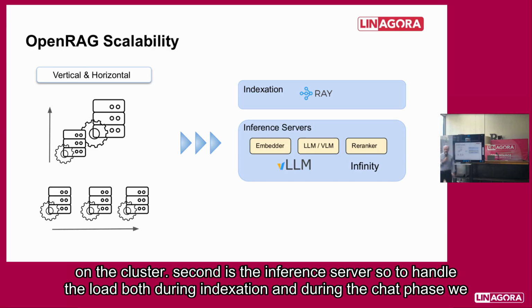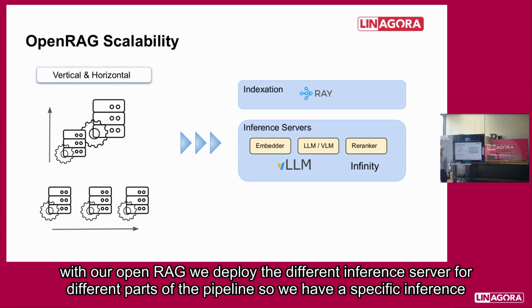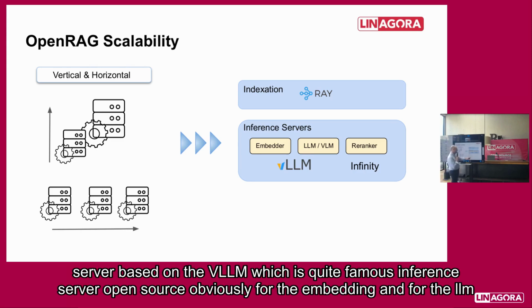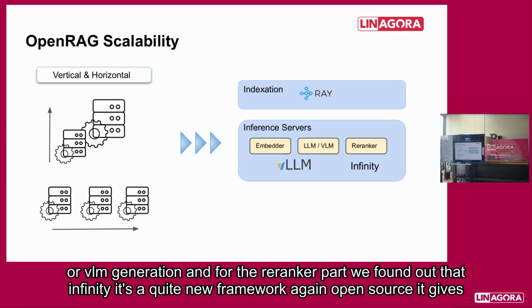Second is the inference server. To handle the load, both during indexation and during the chat phase, we deploy different inference servers for different parts of the pipeline. We have a specific inference server based on vLLM, which is quite famous and open source, obviously, for the embedding and for the LLM or VLM generation.